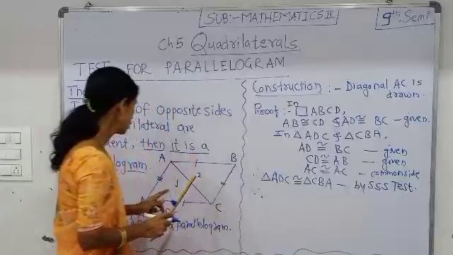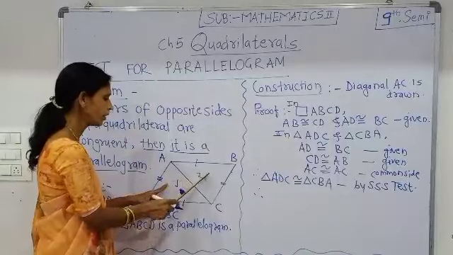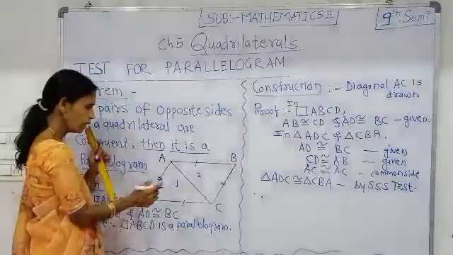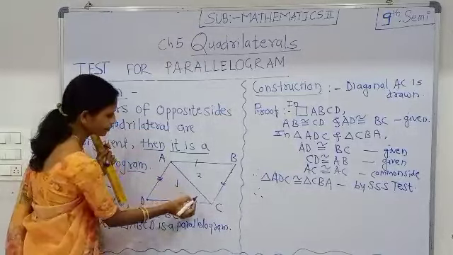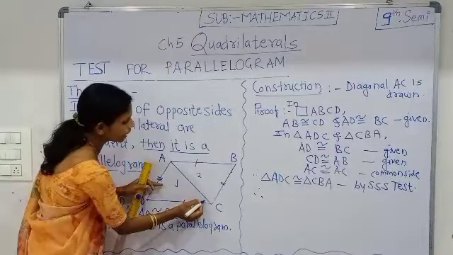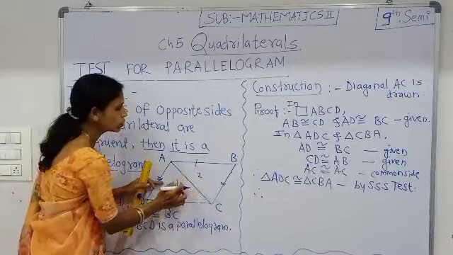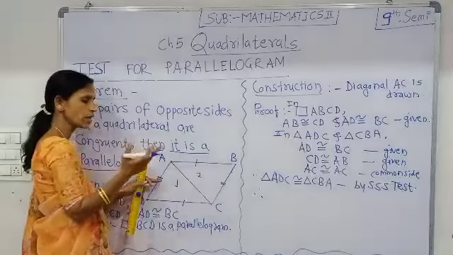Therefore, those two triangles are congruent. Therefore, the corresponding angles of those two triangles are also congruent.